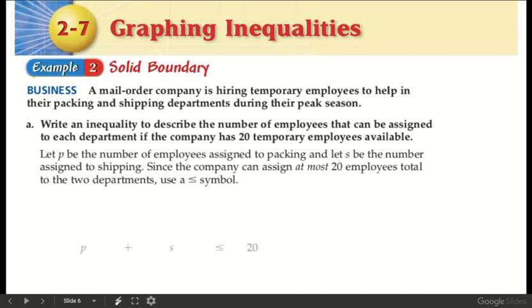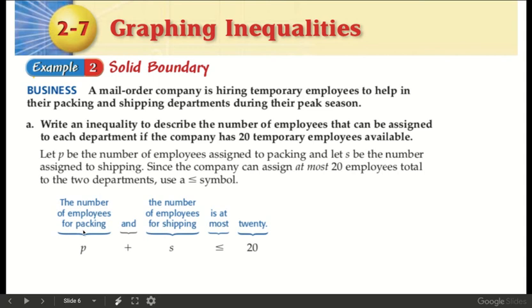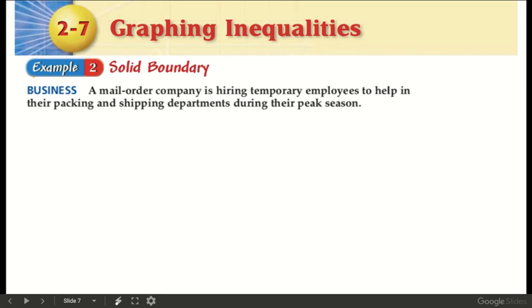So this would be my inequality: P plus S must be less than or equal to 20, right? The number of employees for packing plus the number of employees for shipping is at most 20. So those number of employees have to be less than or equal to 20. So there's one inequality that I could write for that.